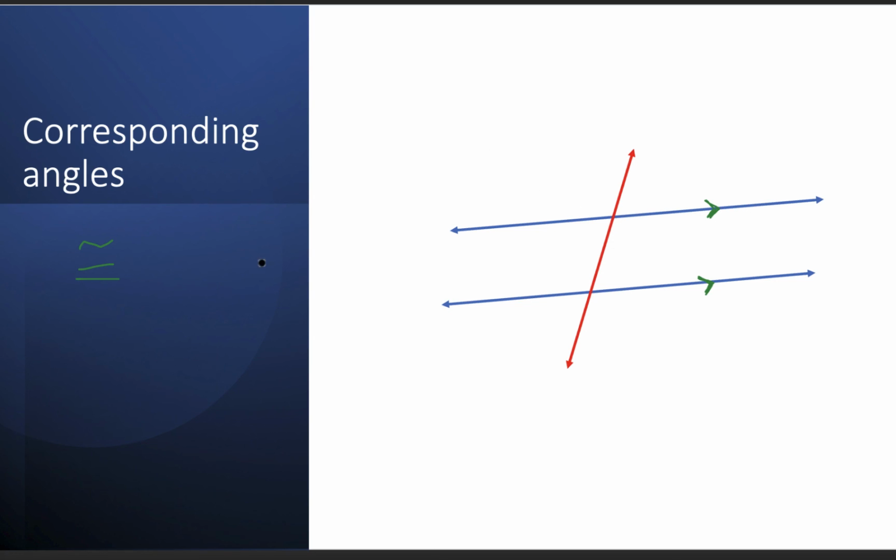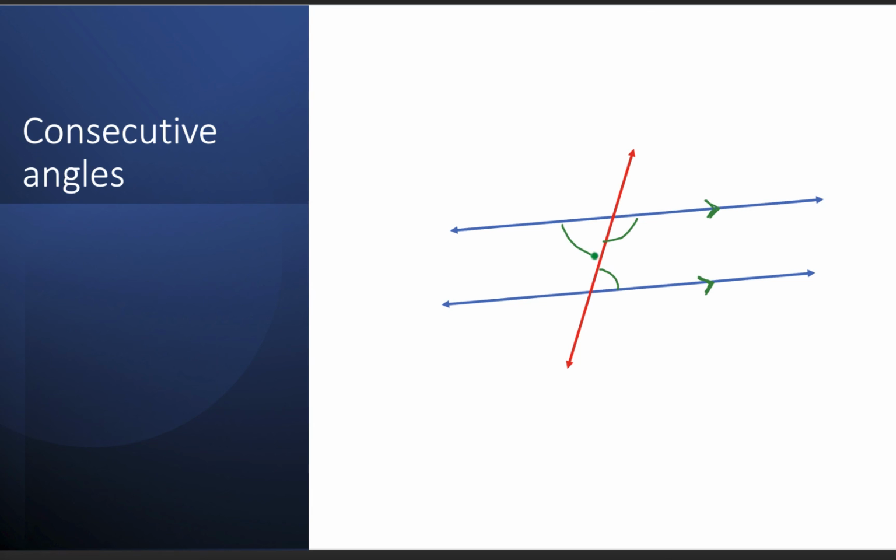Okay, so I spoke about corresponding angles and alternate angles. Let's talk about consecutive angles. For example, this angle and this angle are consecutive.